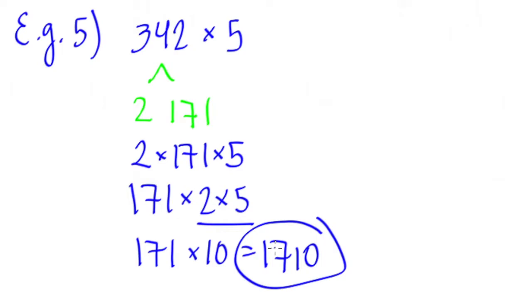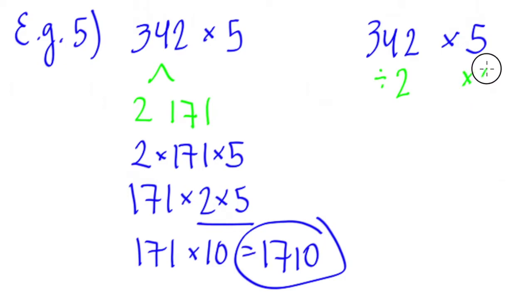Actually, this is equivalent to saying 342 times 5. Let me write that again. This is equivalent of saying we will half the 342 and we will double the 5.